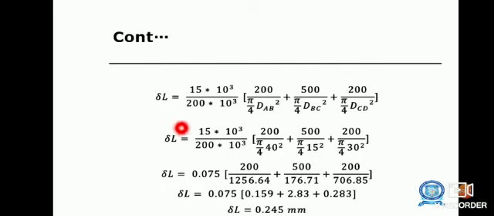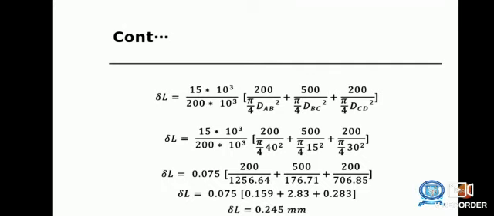So del L is equal to 15 into 10 power 3 divided by 200 into 10 power 3, close the bracket, 200 divided by pi by 4 40 square, plus 500 divided by pi by 4 15 square, plus 200 divided by pi by 4 30 square. You can simplify all the values. So we got del L is equal to 0.075 into 0.159 plus 2.83 plus 0.283.